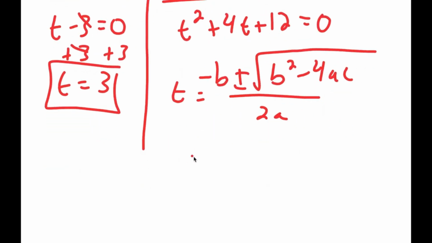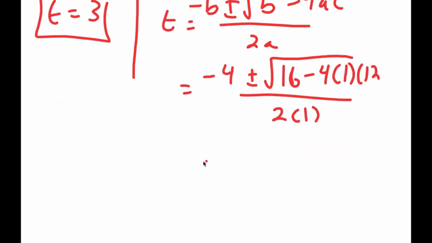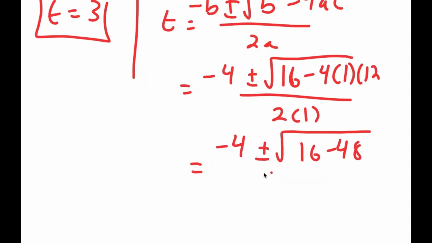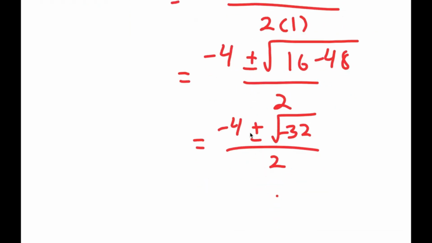So I get negative 4 plus or minus the square root of b squared, so 4 squared, which is 16, minus 4 times a, which is 1, times c, which is 12, all over 2a, so 2 times 1. And this is equal to negative 4 plus or minus the square root of 16 minus 48 over 2, which is equal to negative 4 plus or minus the square root of negative 32 over 2.